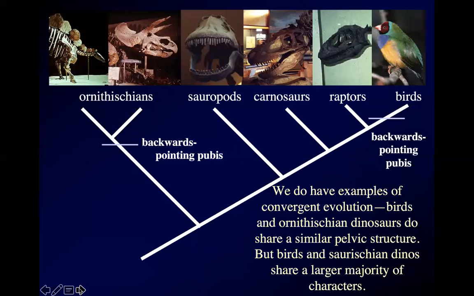There are some examples of what we call convergent evolution. Every so often, two species that don't share a common ancestor recently will evolve features in common.